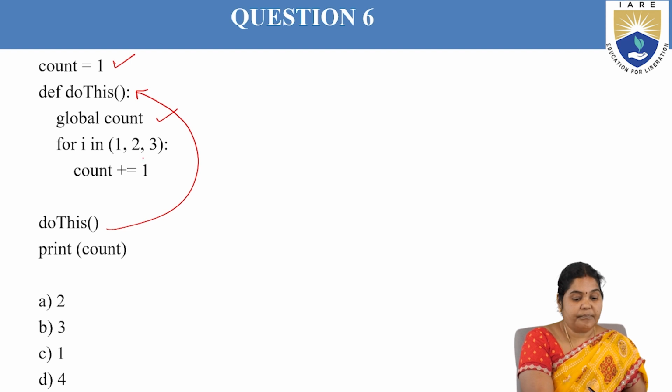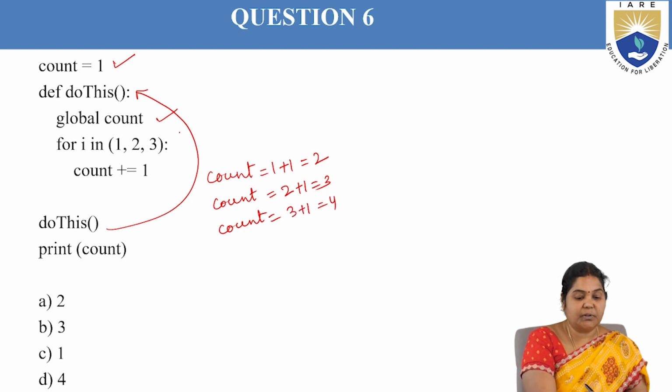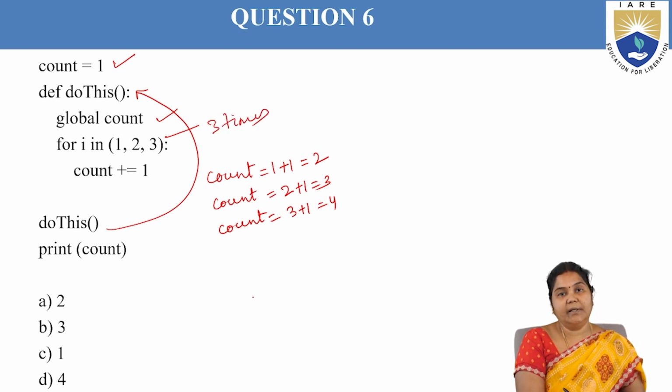First time count is incremented by 1. Earlier count was 1, so 1 plus 1 becomes 2. Second time count is already 2, plus 1 becomes 3. Third time count becomes 3 plus 1, which is 4. This loop is going to run 3 times, and every time count will be incremented by 1.